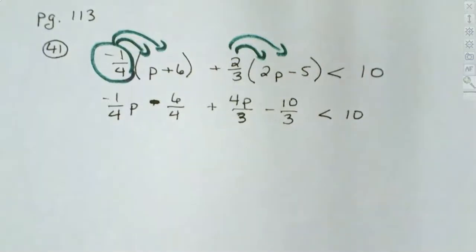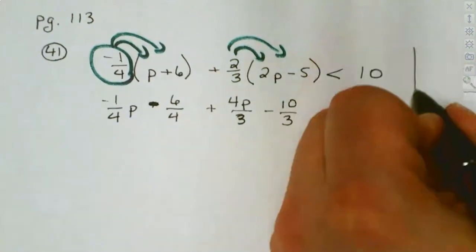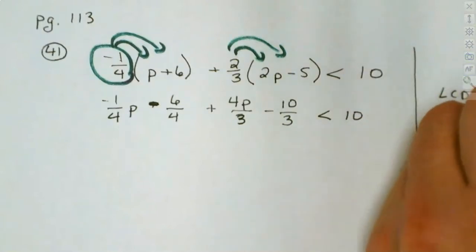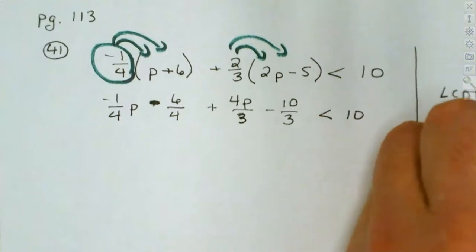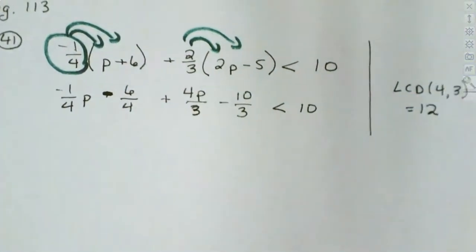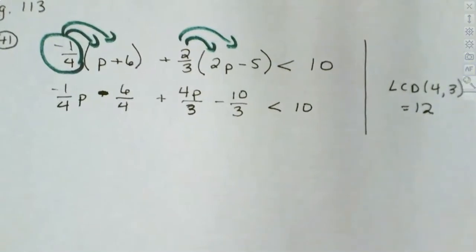How do we clear our fractions? Well, it looks like our fractions are a 4 and a 3. And the least common denominator of 4 and 3 is going to be 12. So we'll multiply all of this by 12. Did I copy it down wrong?